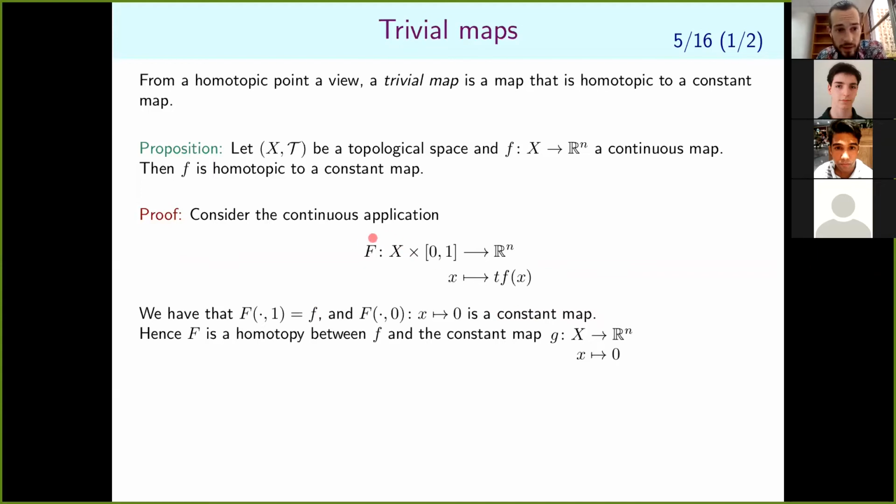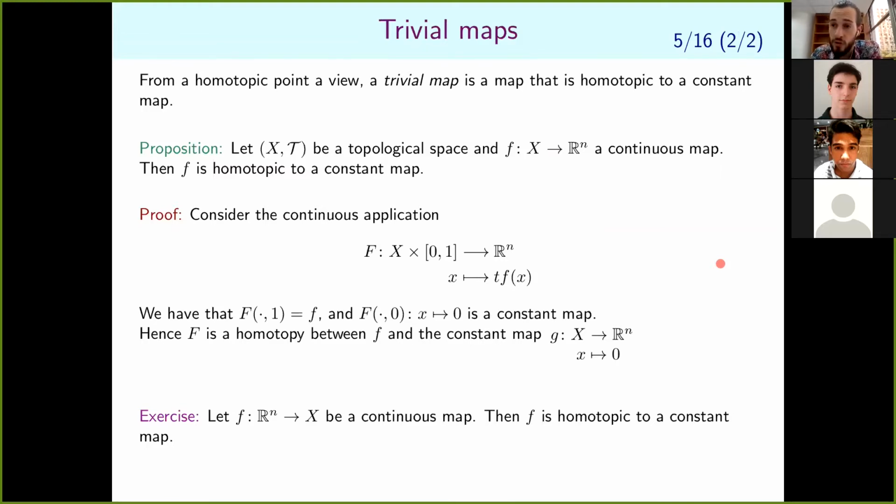Hence, this map big F is a homotopy between my first map f and a constant map. So every function that goes into Rn is trivial.